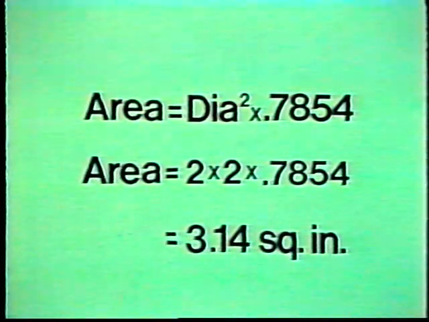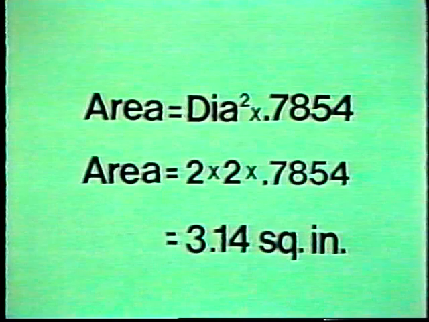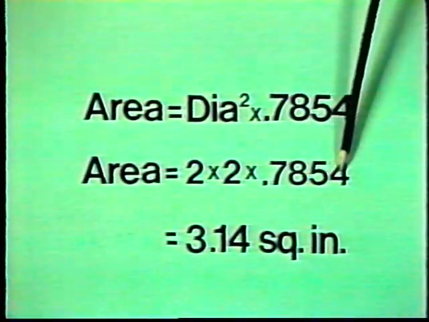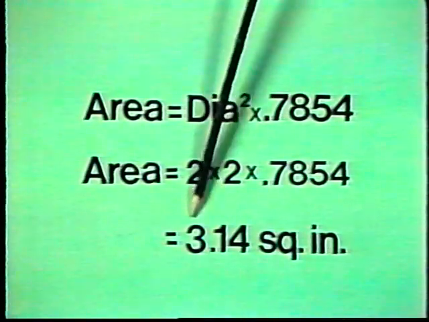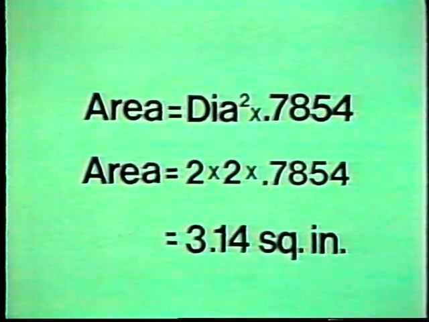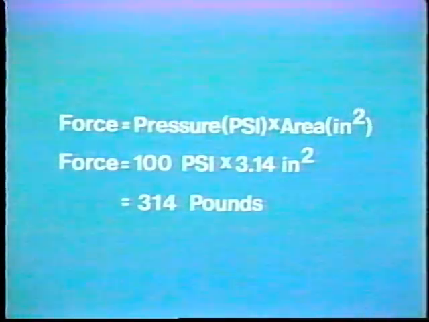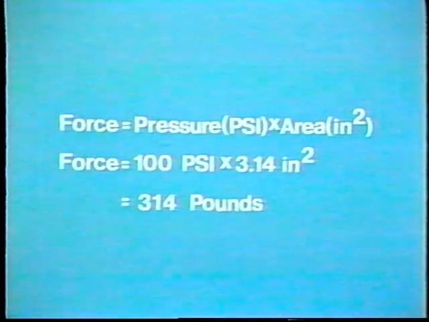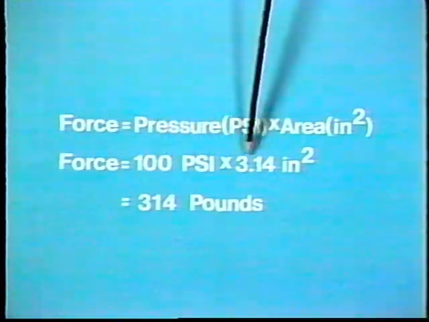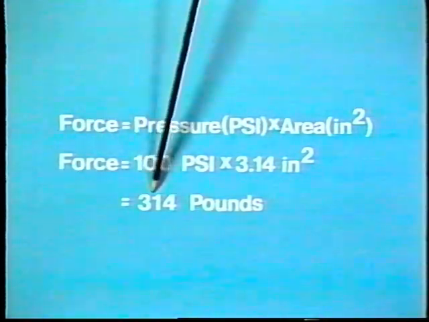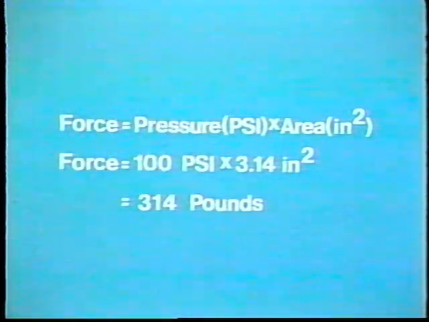The 2-inch piston will have an area of 2 inches times 2 inches times 0.7854, or 3.14 square inches. In our force formula, force equals pressure times area. So 100 psi times 3.14 square inches equals 314 pounds of force.